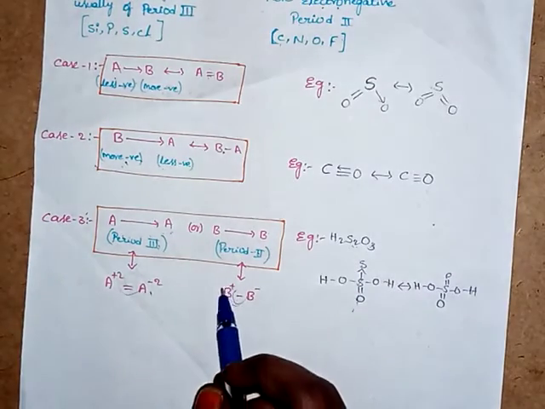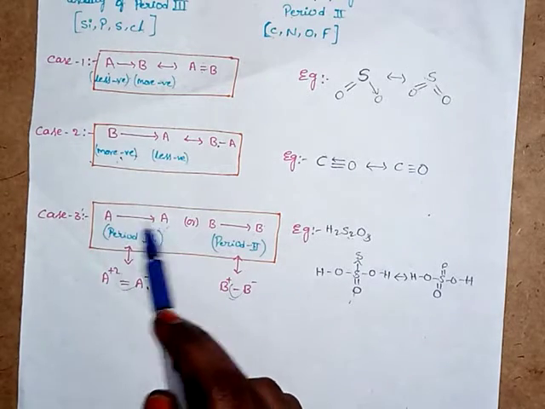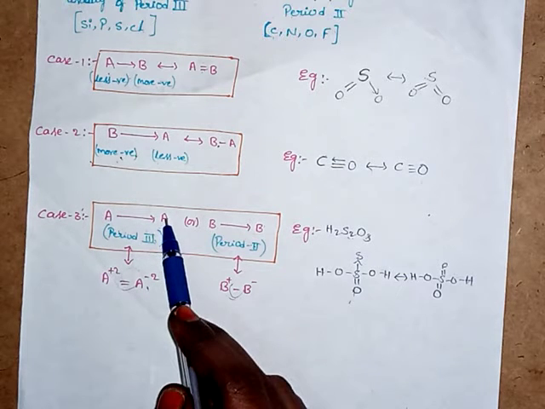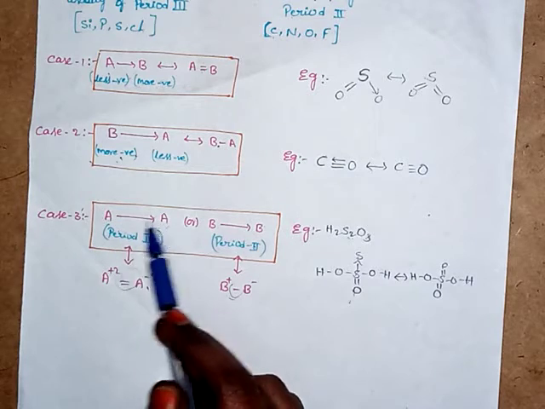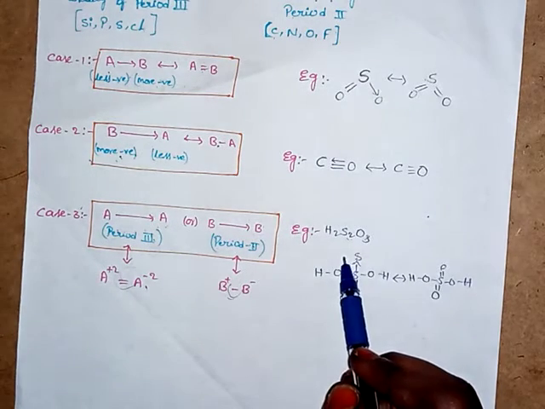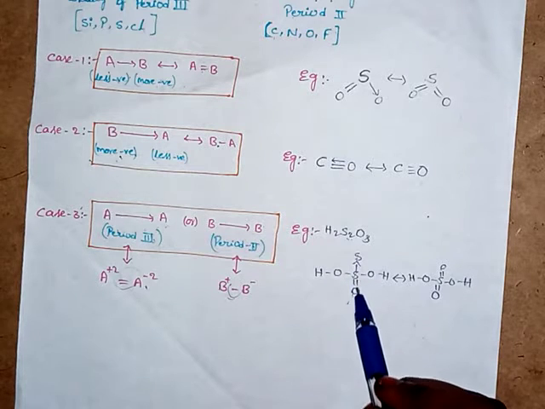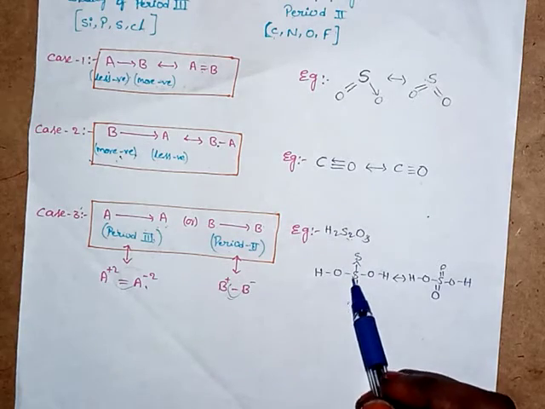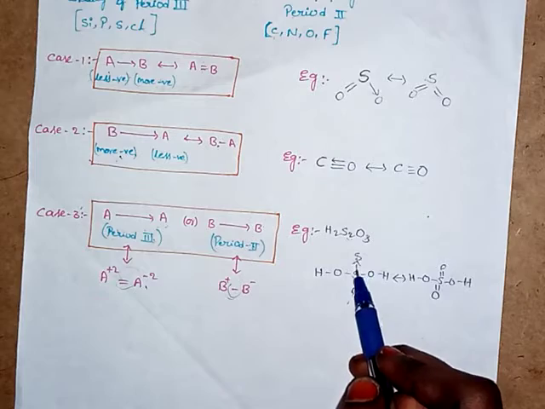Are you clear? Again I am repeating this example. These are the same elements, a less electronegative atom and a less electronegative atom. If electron transfer happens from sulfur to sulfur, a coordinate bond will form.